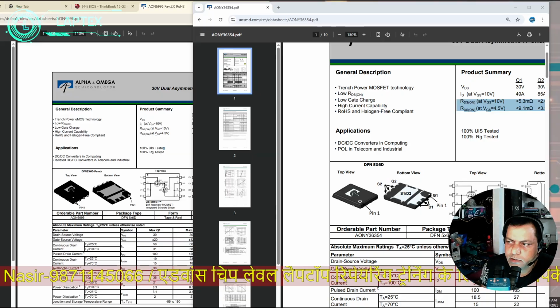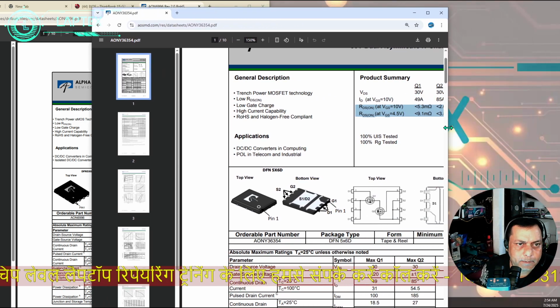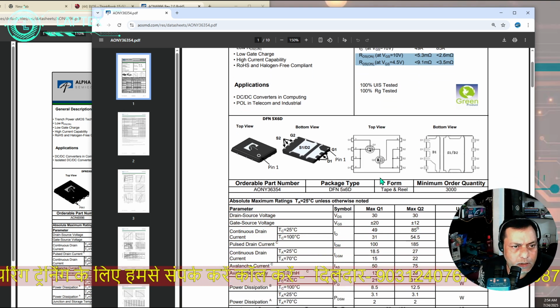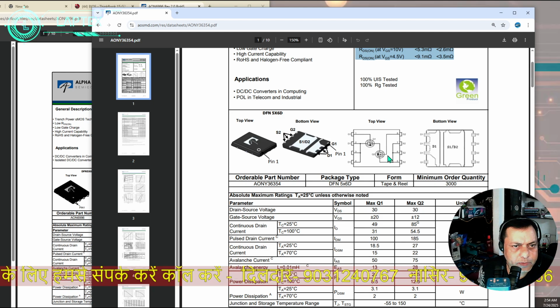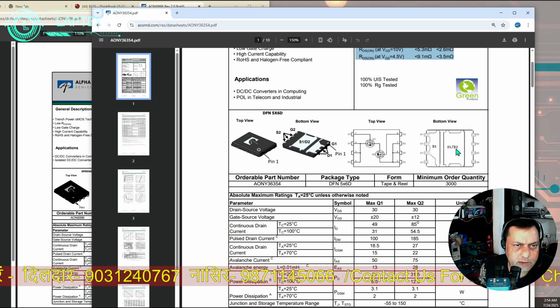Here is the point, let me bring it here. See, what is the thing which is going to be common? Source 1, drain 2. The first MOSFET source 1, and the second MOSFET drain.